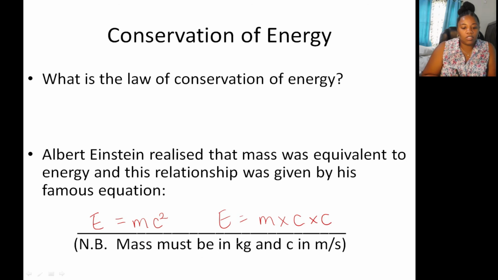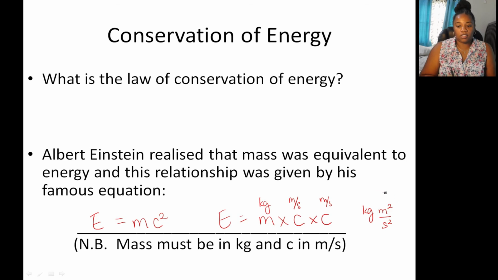Mass must be in units of kilograms. And c, which is the speed of light, must be in units of meters per second. And that gives us kilogram meters squared per second squared.